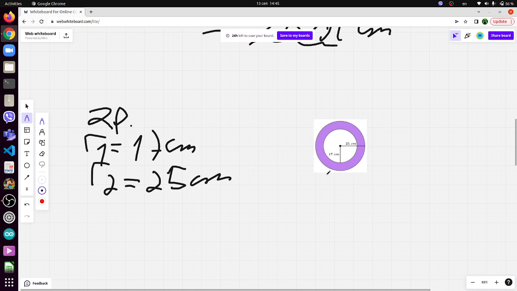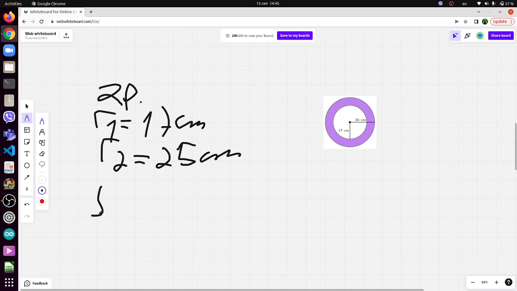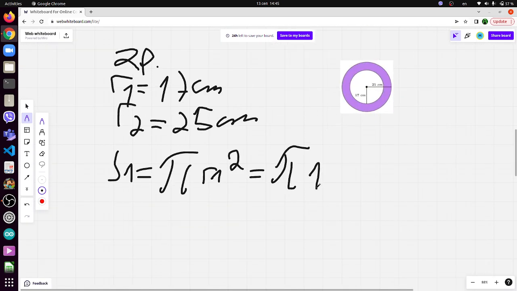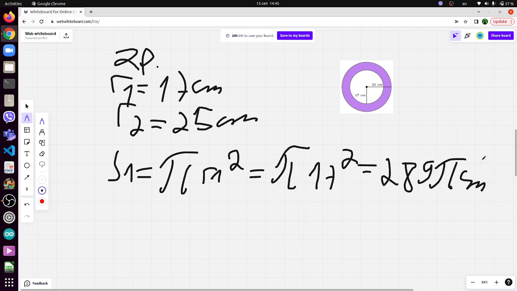The area of the shaded region, the purple color, is the area of the big circle minus the area of the small circle. Let's say S1 is the area of the small circle, which is pi R1 squared, pi times 17 squared, which is 289 pi centimeters squared.